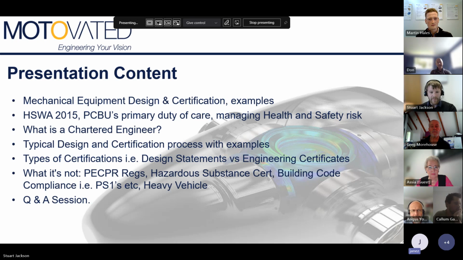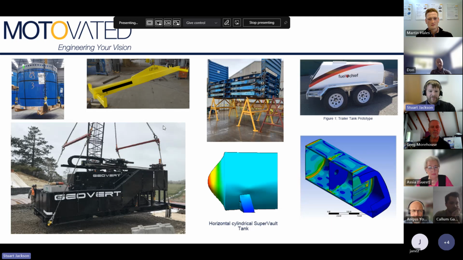So what do I mean by mechanical equipment and design examples? This is just a little bit of a snippet of some of the things that we have done over the last few years. You've got elements there that are carrying a weight, or you need to support a load, and there's risk associated with the failure.